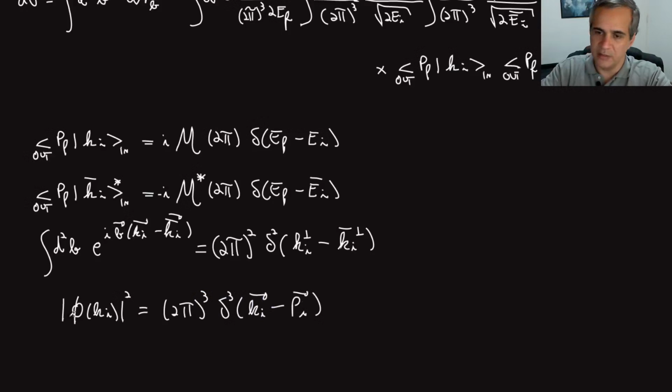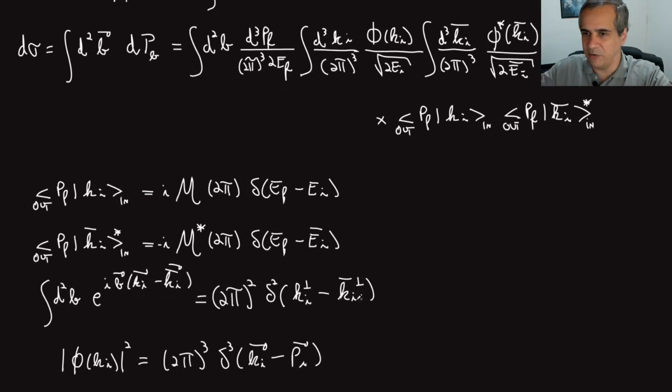Once I use enough of these deltas to prove that ki bar is just ki, then I get phi squared here. And that allows me to choose a shape for my wave packet, which then allows me to eliminate the integrals in ki that I hadn't yet. Same game as in the 2 to 2 scattering.